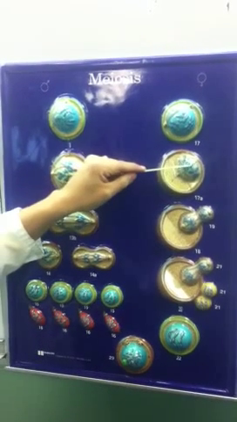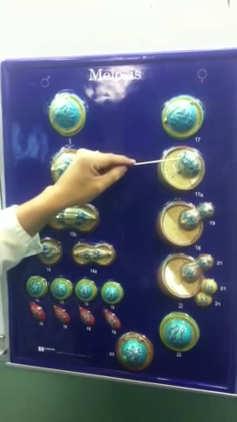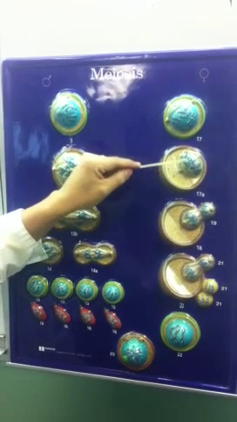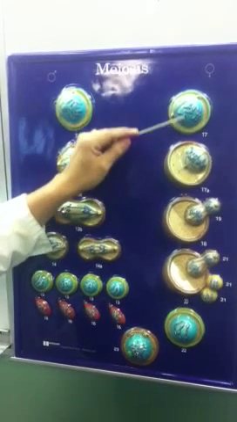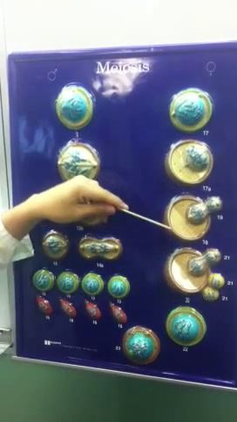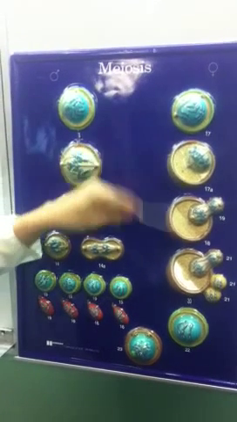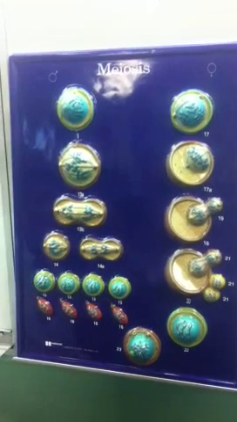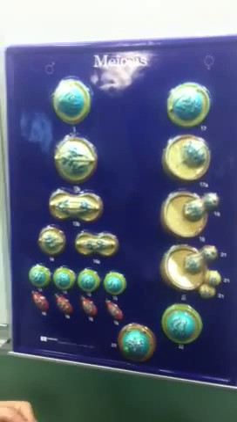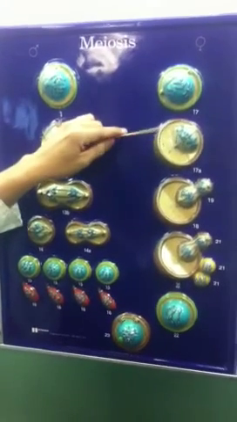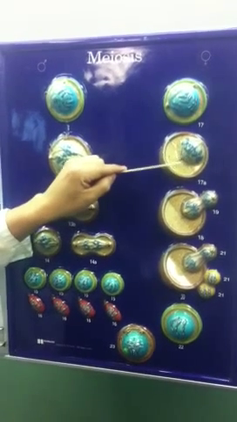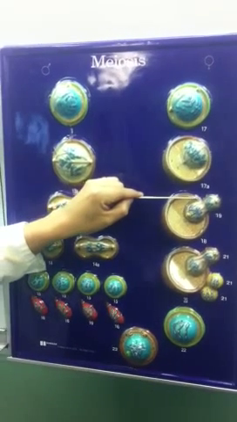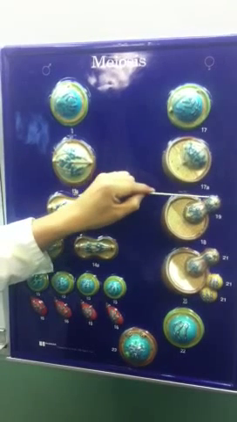This here is a primary oocyte in metaphase 1, meaning this has got to be after puberty. This is when puberty has already begun. Because remember, we said the cell will be arrested in prophase 1, before puberty. But this is already more advanced. This is metaphase 1 of the primary oocyte, and anaphase 1.